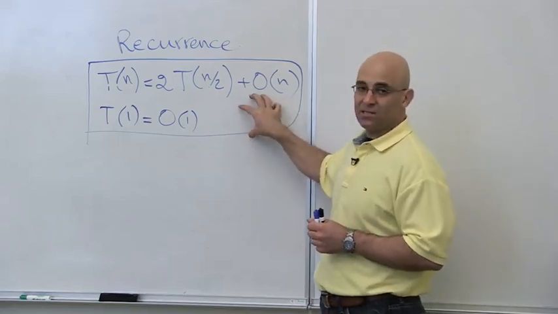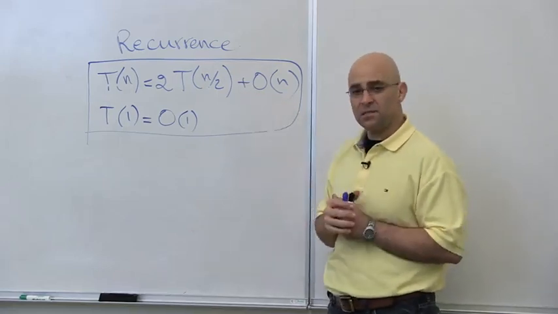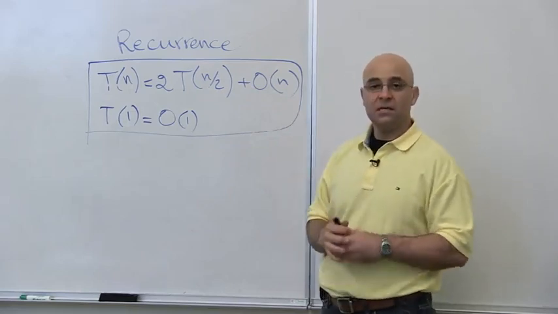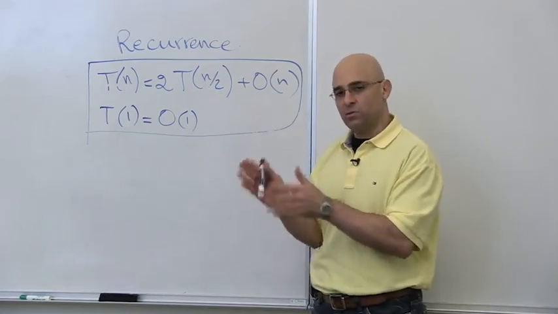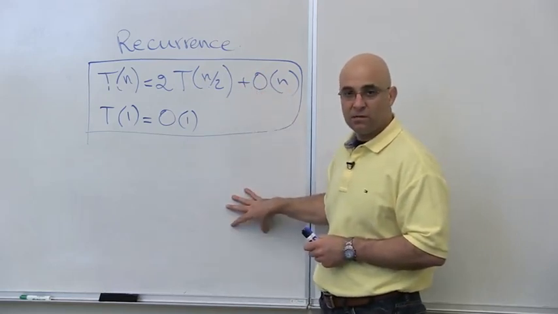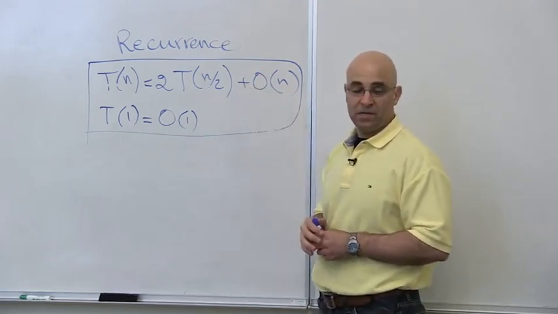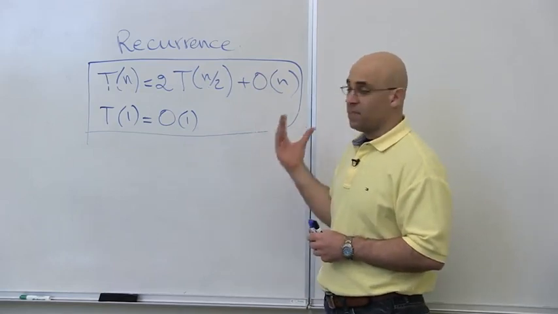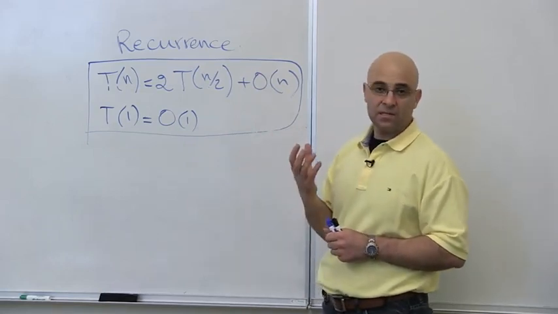The nice thing about these recurrences is that there is already a mathematical tool that will allow us to go from here to an explicit function in a very simple manner. That mathematical tool is called the Master Theorem.